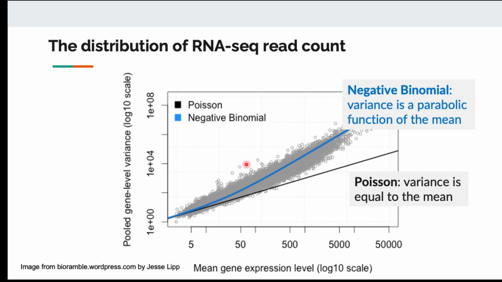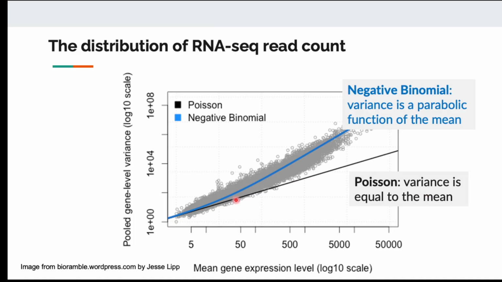The reason they do this is because the Poisson distribution that we understand very well, we have seen several times, has a major restriction. If you describe anything with the Poisson distribution, the variance is always equal to the mean. It's just the way that Poisson distribution is defined.